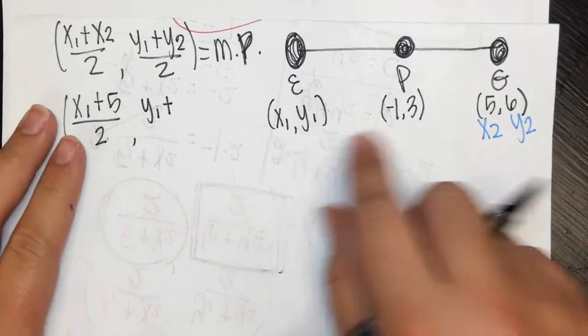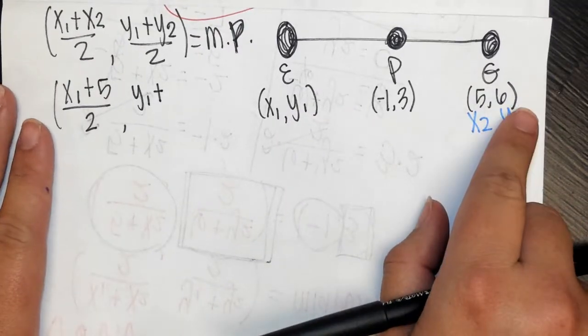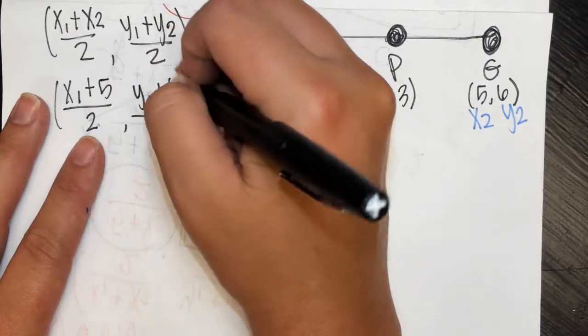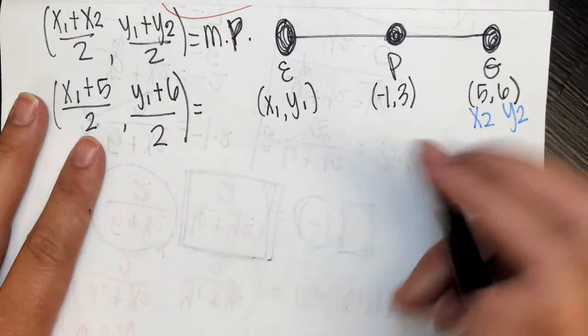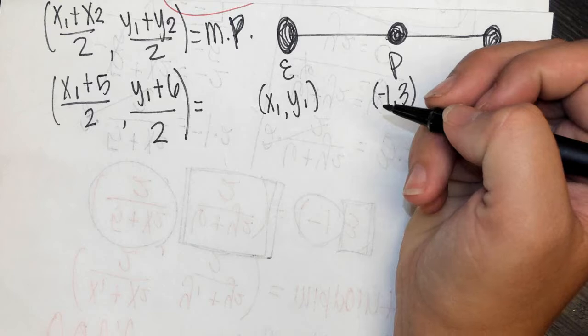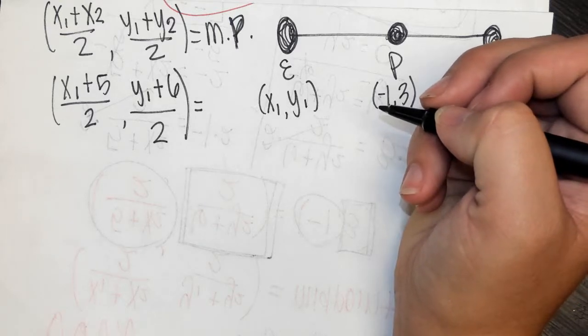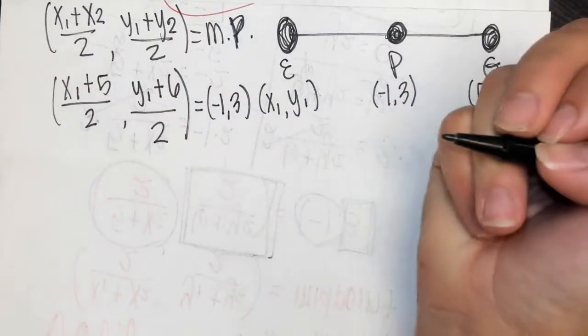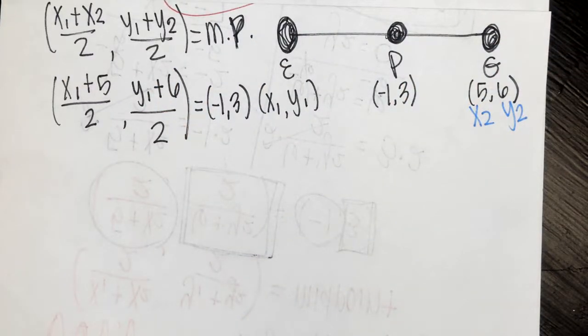What's y sub 2? 6. Do y'all see? Y'all following? Okay, 6 divided by 2. Now plug in your midpoint. Negative 1, 3. We got up to this point. What's next? Set them equal. Let's start with x's, okay?